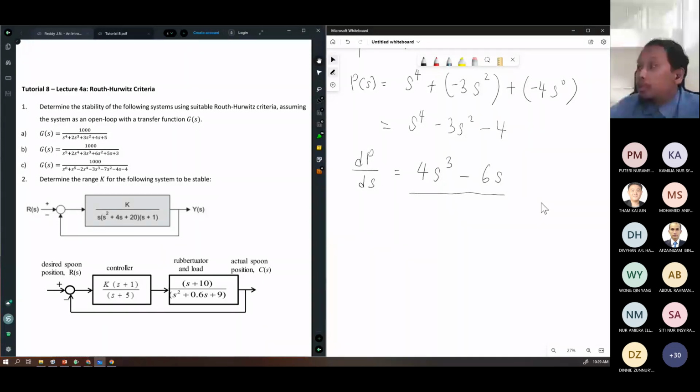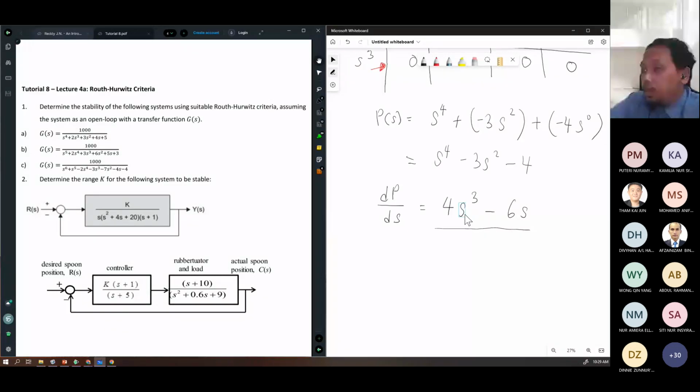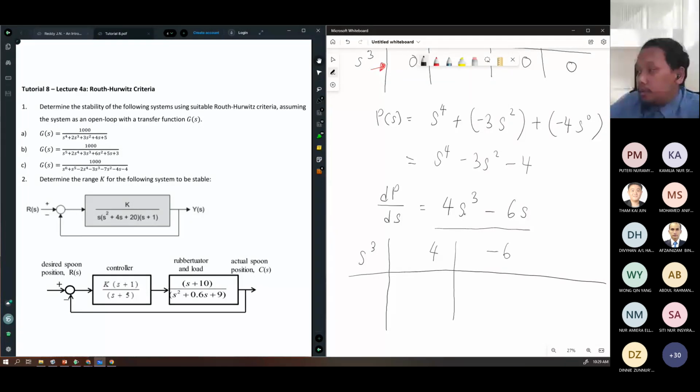So you replace row S3 with this. So continue again, S3. We'll use this value, 4, -6 and 0 here. Then you calculate row S2 as usual using row S4 and S3.